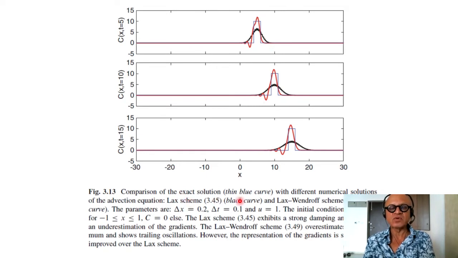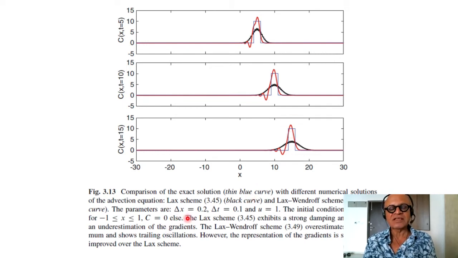Comparison of the exact solution, again the thin blue curve, with different numerical solutions of the advection equation. Lax scheme in the black curve and Lax Wendroff scheme in the red curve. So Lax tried to correct the Euler forward, and Lax Wendroff then tried to improve on the Lax scheme, which does improve the solution a bit here.